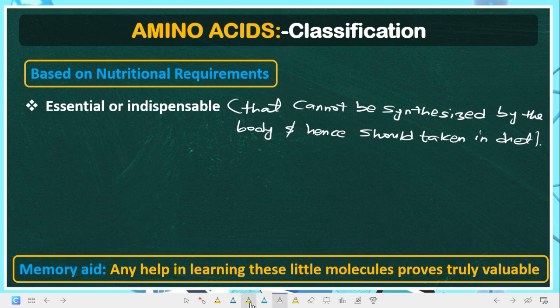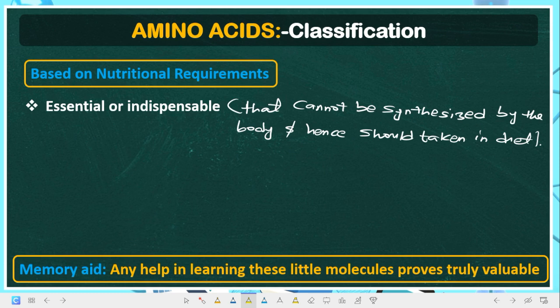So any of those amino acids that our body cannot synthesize, but they are needed by our body for metabolism and growth, those amino acids are said to be essential or indispensable amino acids.